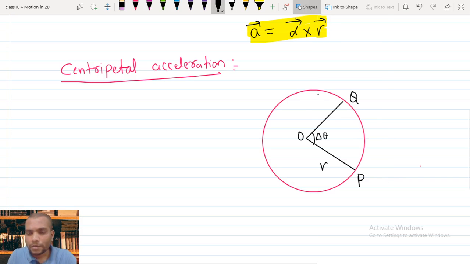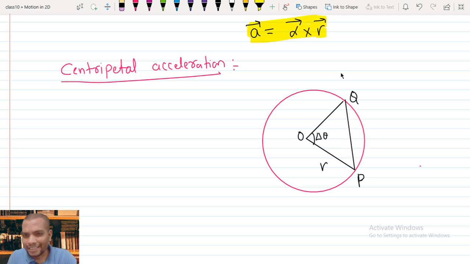And if I draw a perpendicular from here to there, this becomes the arc length. If we neglect the curvature of the circle, the distance between the two points becomes delta s.